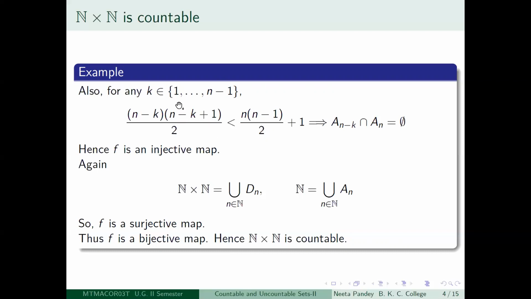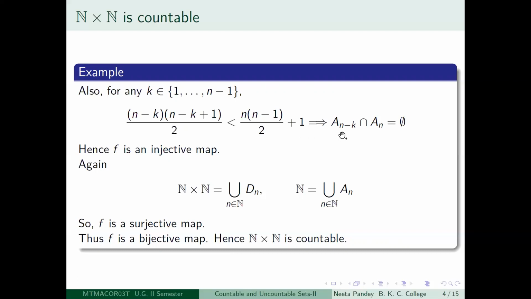I hope I am clear here. Since I am subtracting a k and a k minus 1, so the maximum value will be when k has the smallest value, that is at 1, and so it is n into n minus 1 by 2. That is the maximum value it will take, so it is going to be strictly less than n into n minus 1 by 2 plus 1.